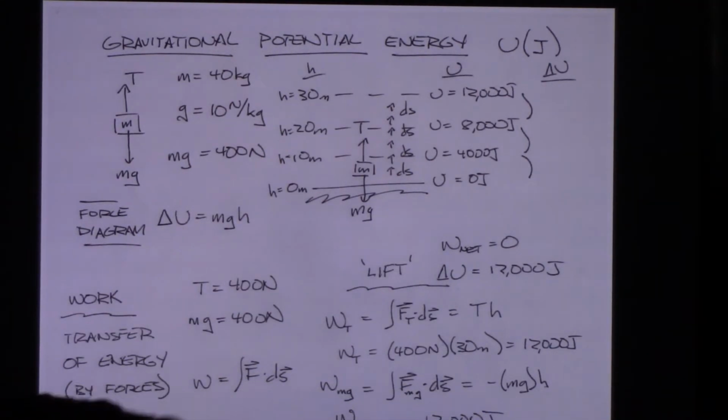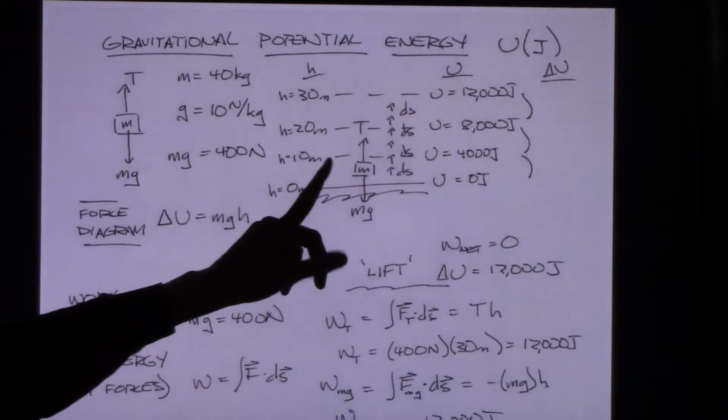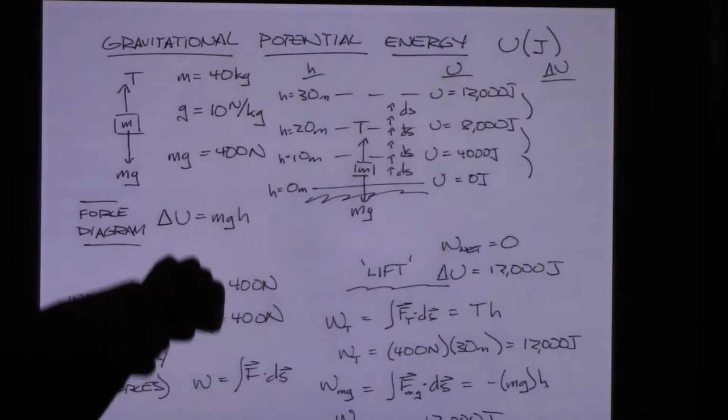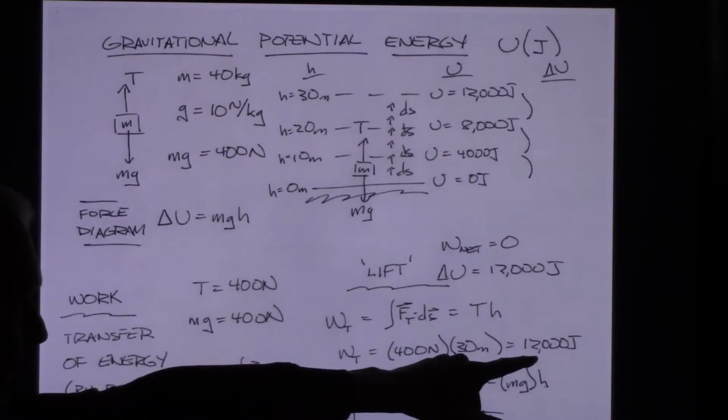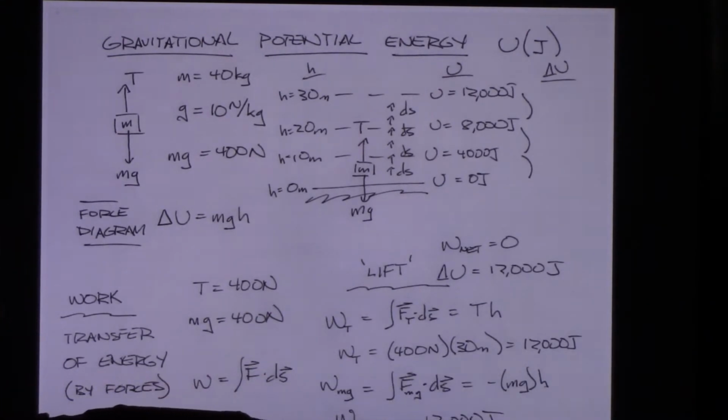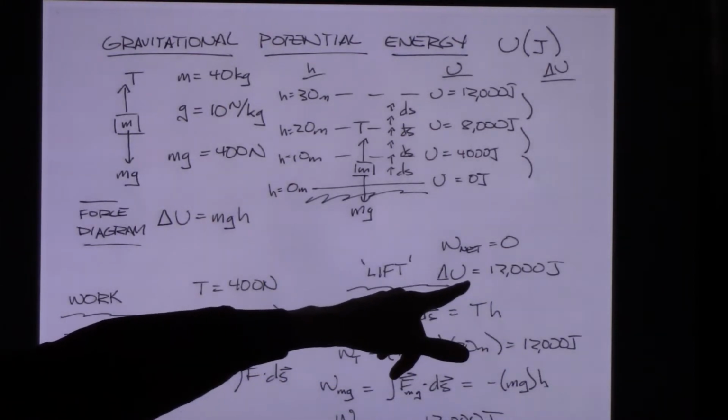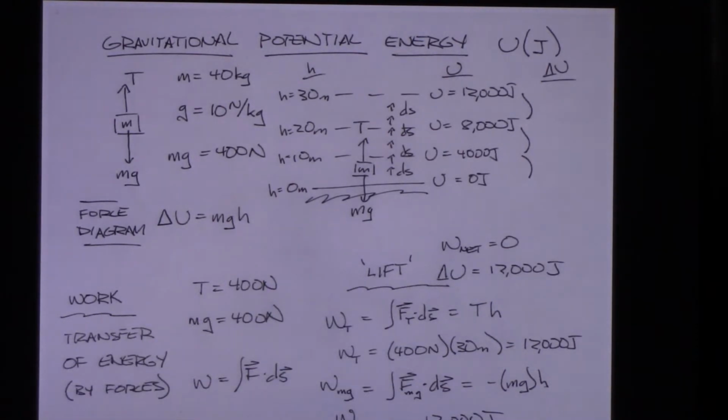It says that when I was putting 12,000 joules of work into the system, the gravitational force was taking it out. If the forces match, if we pull with just enough tension to offset mg, then we'll end up putting 12,000 joules in, and gravity will take 12,000 joules out and store it as potential energy.